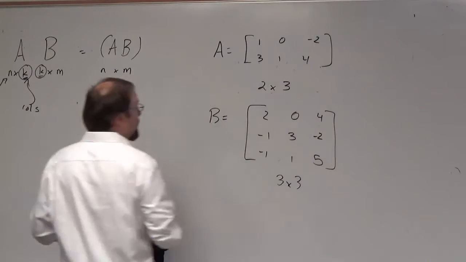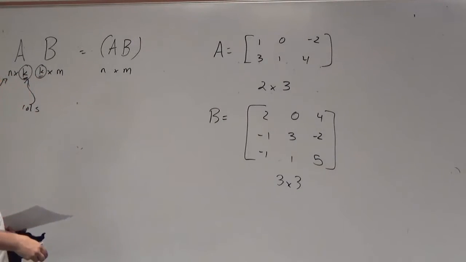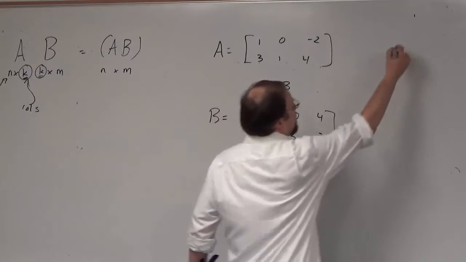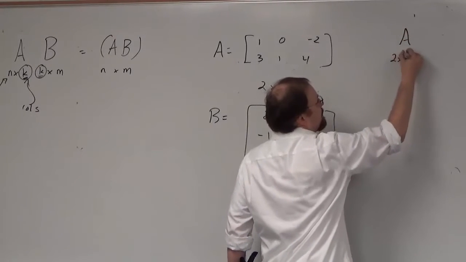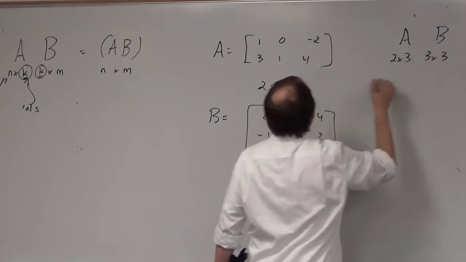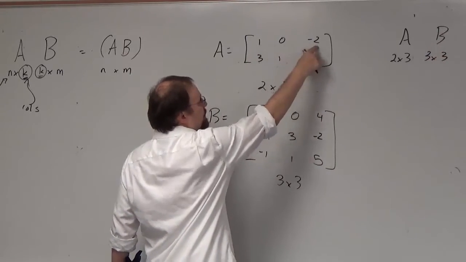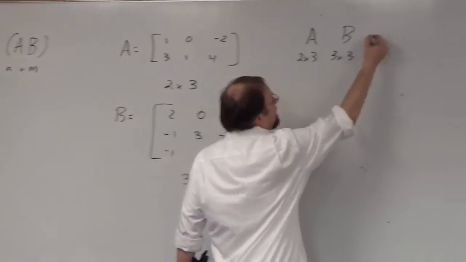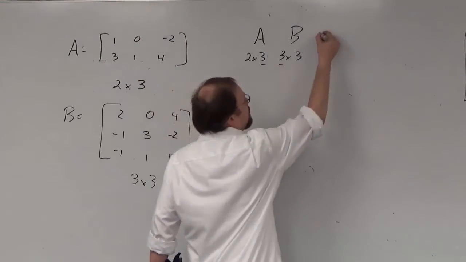All right, so A times B, is it defined? Yeah, right. 2 by 3 for A, B is 3 by 3. So the number of columns for matrix A matches the number of rows for matrix B. And what's the size of the resulting matrix?